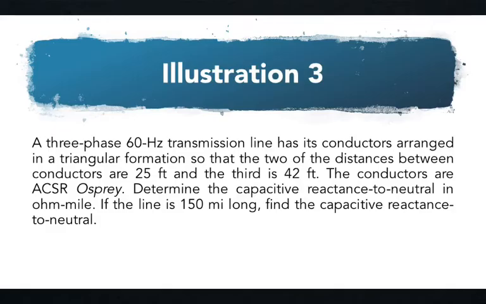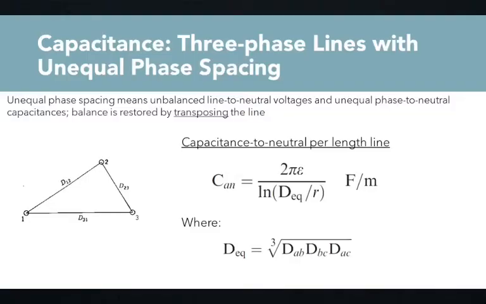Again, this is three-phase unequal phase spacing. So we are actually after getting the EQ first, right? Our Cn here is simply 2 pi E over ln of the EQ over R. Again, take note, farad per meter.